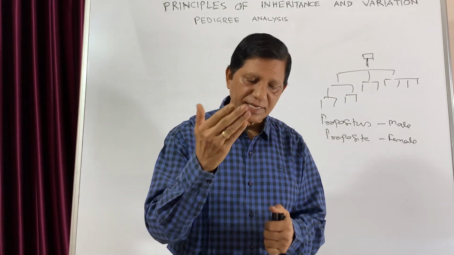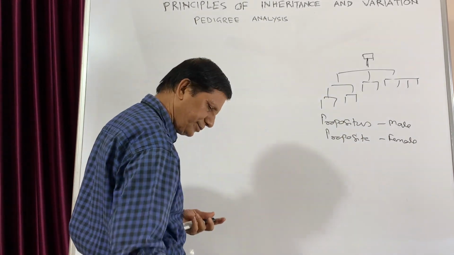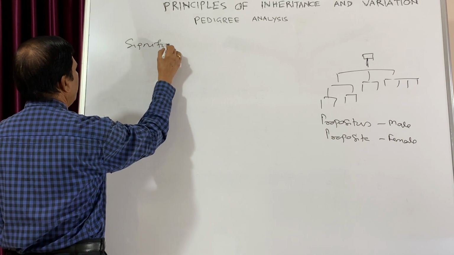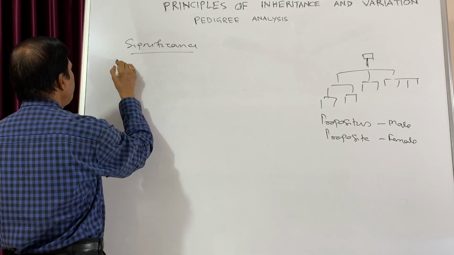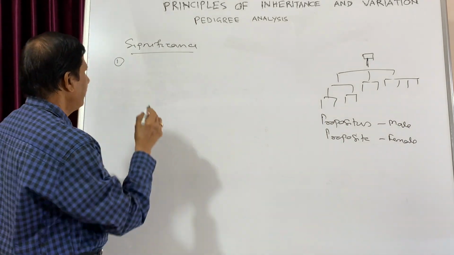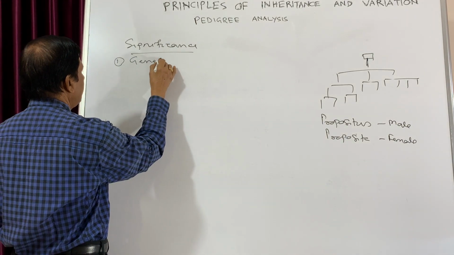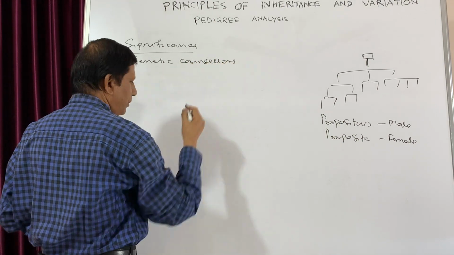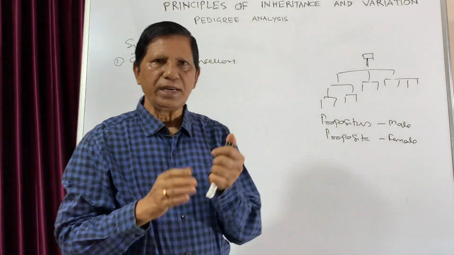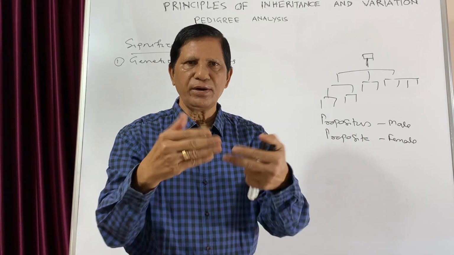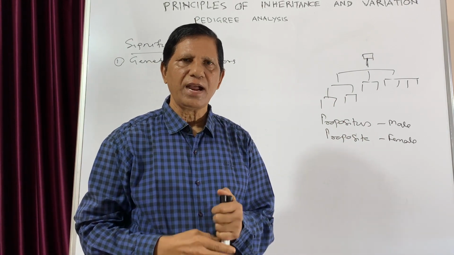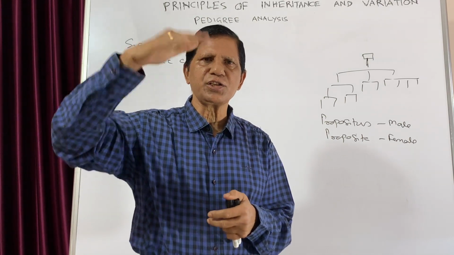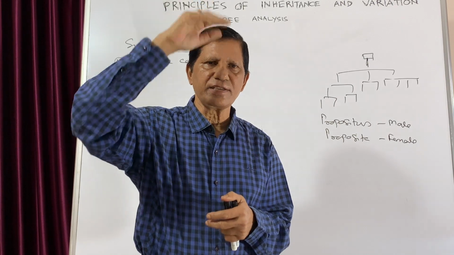So what is the significance of this pedigree analysis? One of the significances is for genetic counselors. Suppose two intending couple want to marry, but either both of them or one of them has some history of some disease in their ancestors.